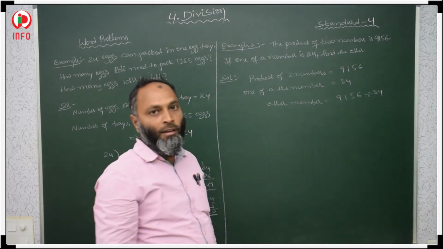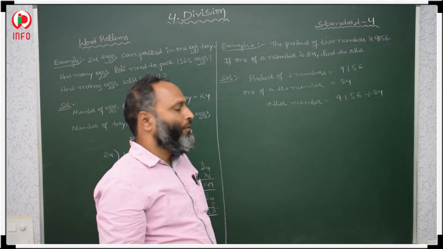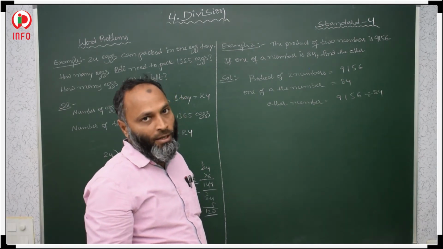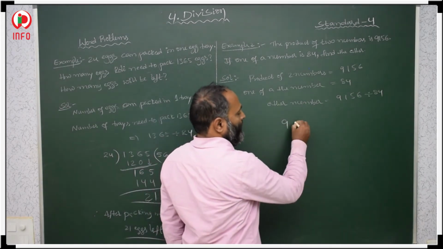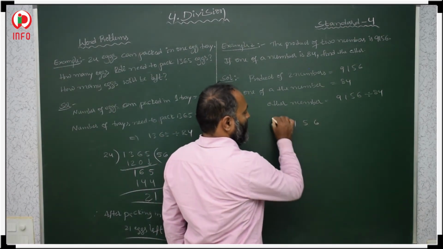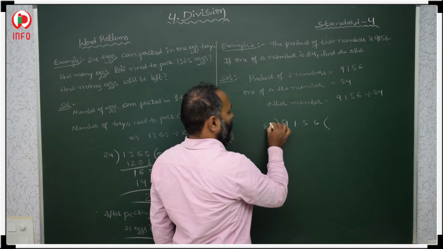If you divide the product of two numbers by a given number, then we will get the other number.